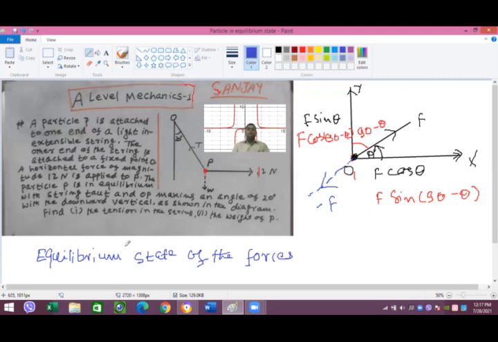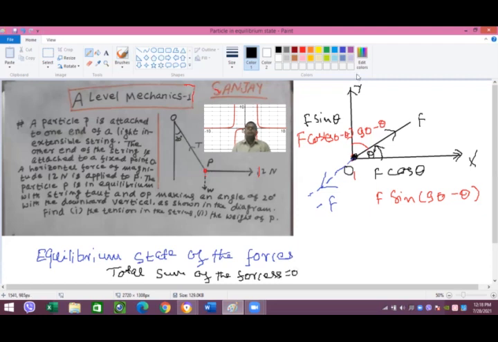So in equilibrium state of the forces, there must be total sum of the forces equals to 0.